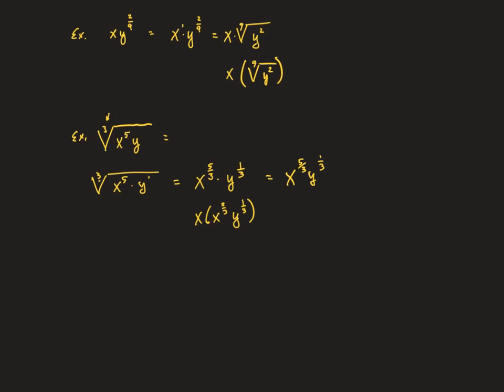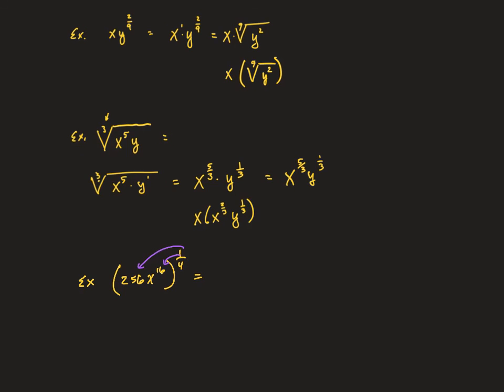And then I guess I'll give one last simplified form here. If we have maybe 256 x to the 16th raised to the 1/4, well, that is going to be equivalent to, remember, this exponent goes to both, power raised to a power, so that is going to be 256 to the 1st times 1/4 times x to the 16th times 1/4, which is going to be 256 to the 1/4 times x to the 4th.